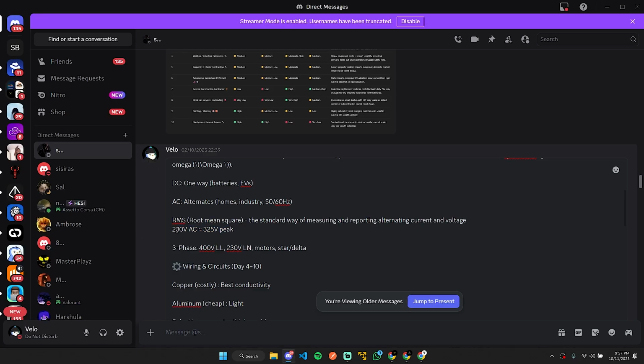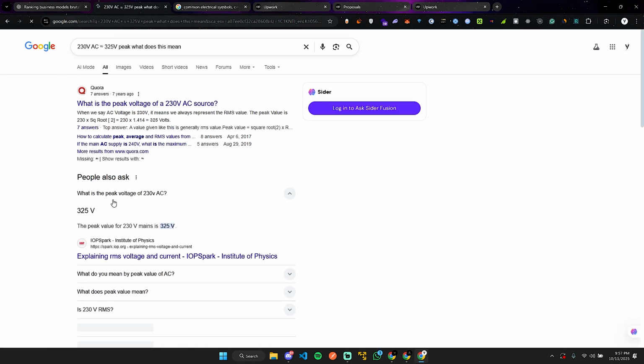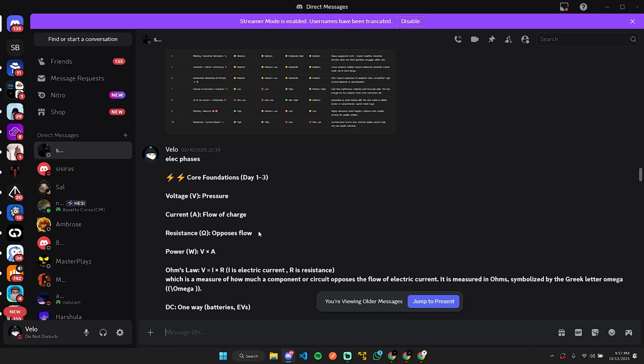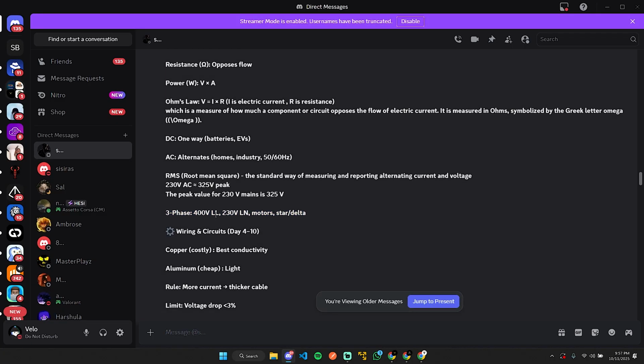It's 230 volts AC equals 325 volts peak, right? I think that's what this means. Peak voltage is... okay, just leave that there. Alright, 3-phase, so 400 LL, 230 volts, okay.